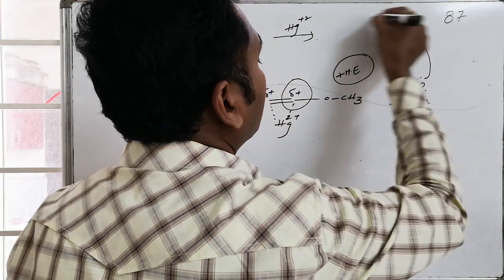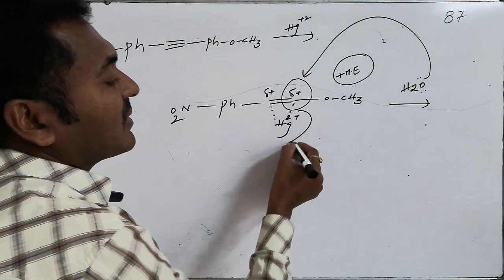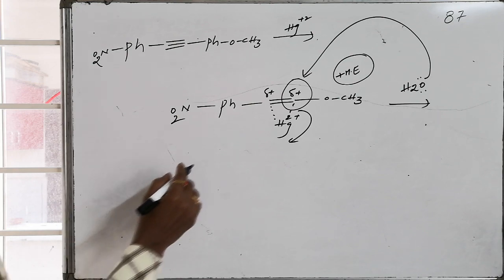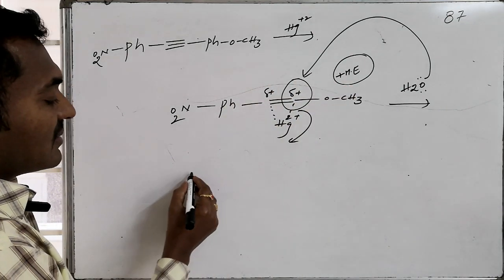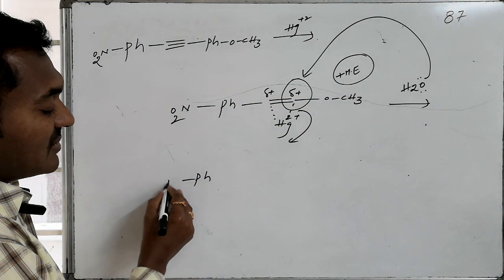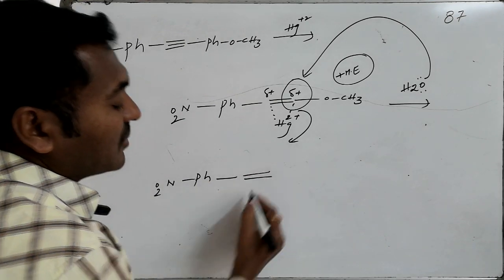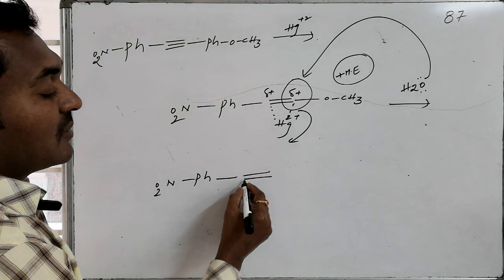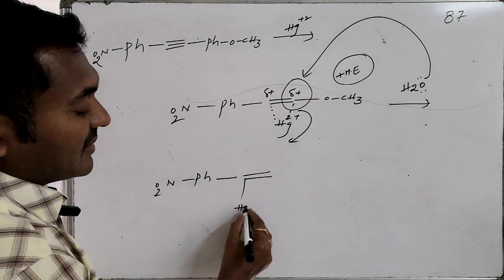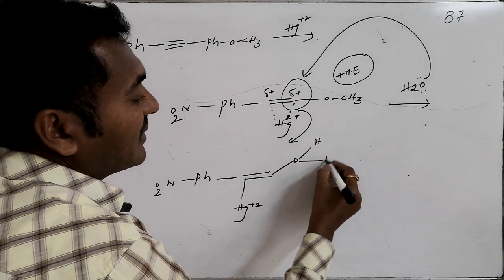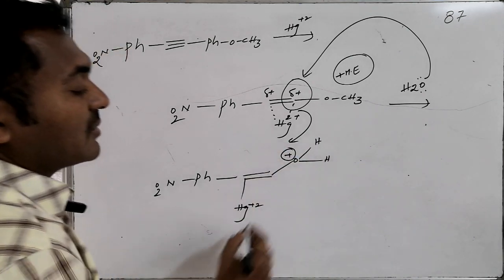Here water is acting as a nucleophile, and it opens the three-membered mercury ring in anti fashion. This results in the triple bond now being present as a double bond, followed by Hg2 plus, and the water molecule attacks over here, having unit positive charge.